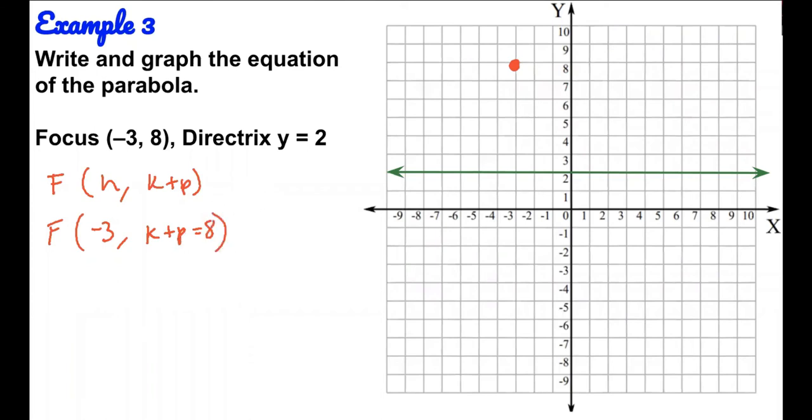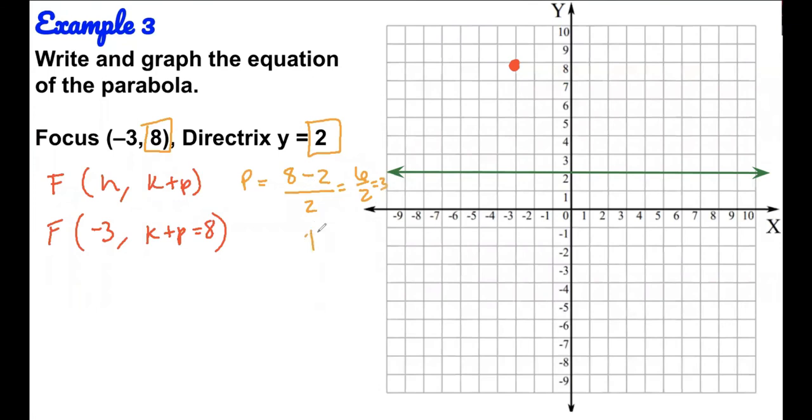Let's solve for P. So P is equal to the difference in the y value of our focus and the y value of our directrix, 8 minus 2, divided by 2. 6 divided by 2 is 3.